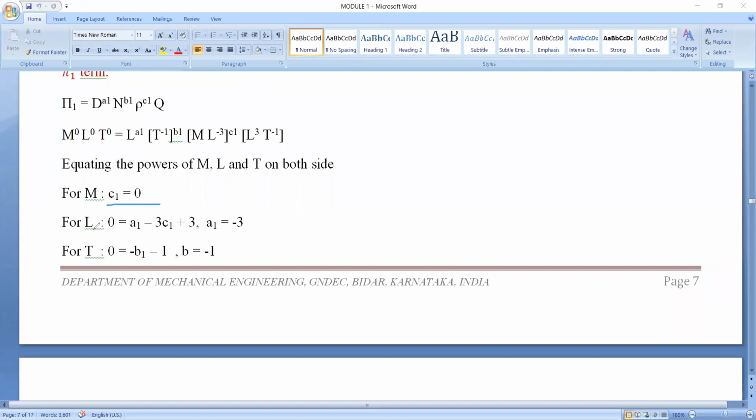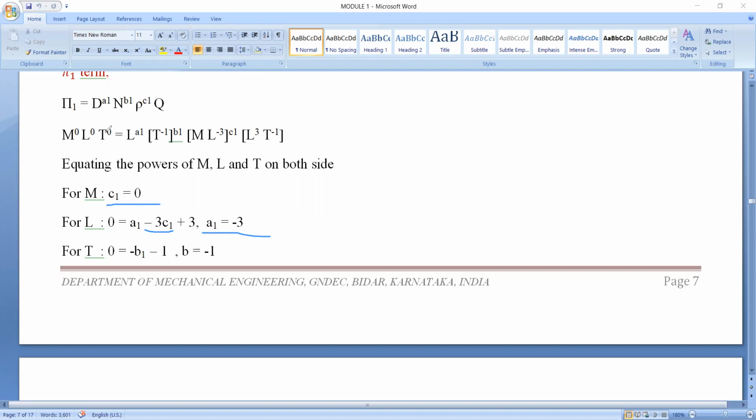Similarly for L, equating the powers of length, L to the power 0 equals a1, minus 3c1, and lastly L to the power 3 is there, so plus 3. So substitute c1 equals 0, you will get a1 equals minus 3.